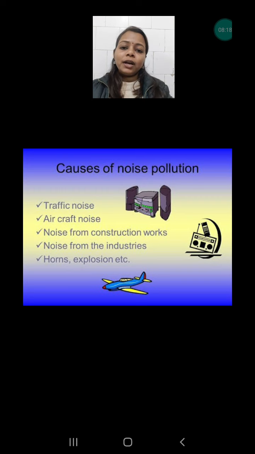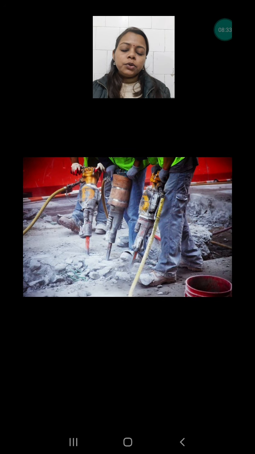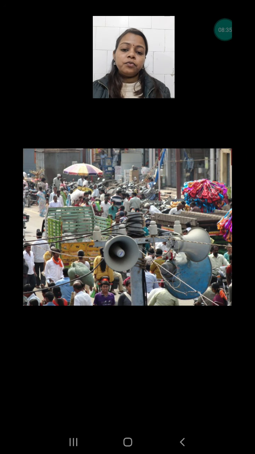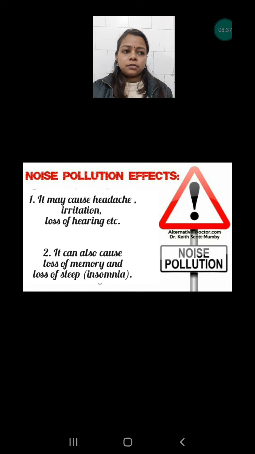Next, if you are living near the airport, during the landing and takeoff of airplanes, it creates a lot of sound. Okay, so these are the sources of noise pollution. And if we are continuously in a very noisy environment, then we can have bad effects from it.